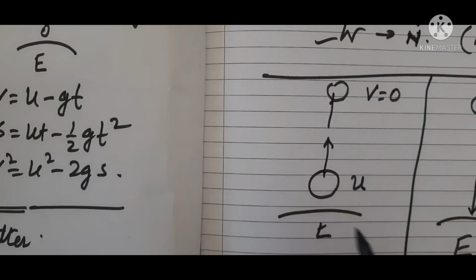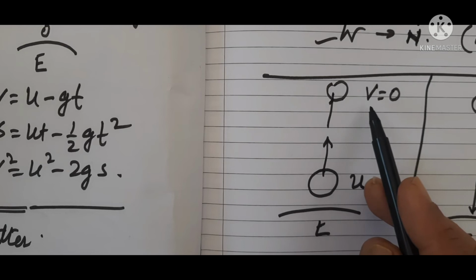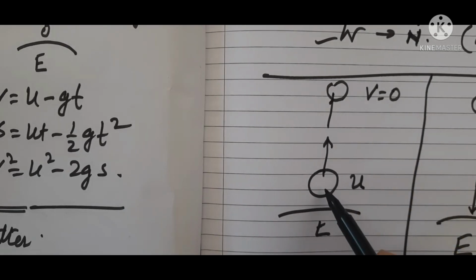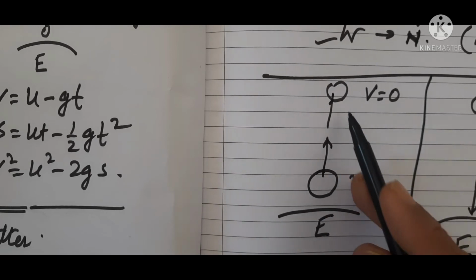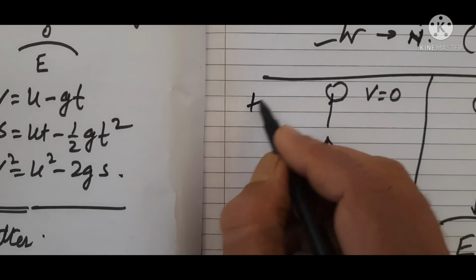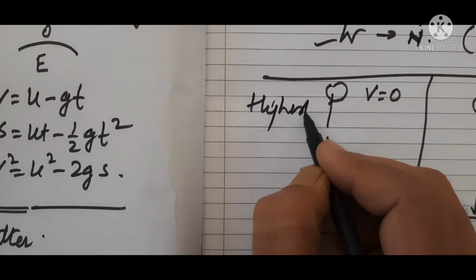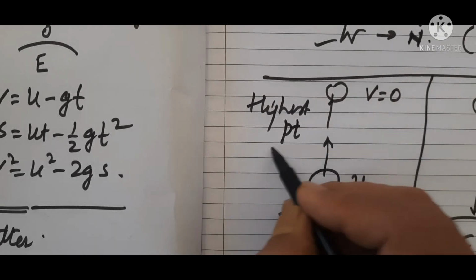If such a question comes, then final velocity is 0. I have thrown this particular object with an initial velocity, and it reaches the highest point. At the highest point, final velocity becomes 0.